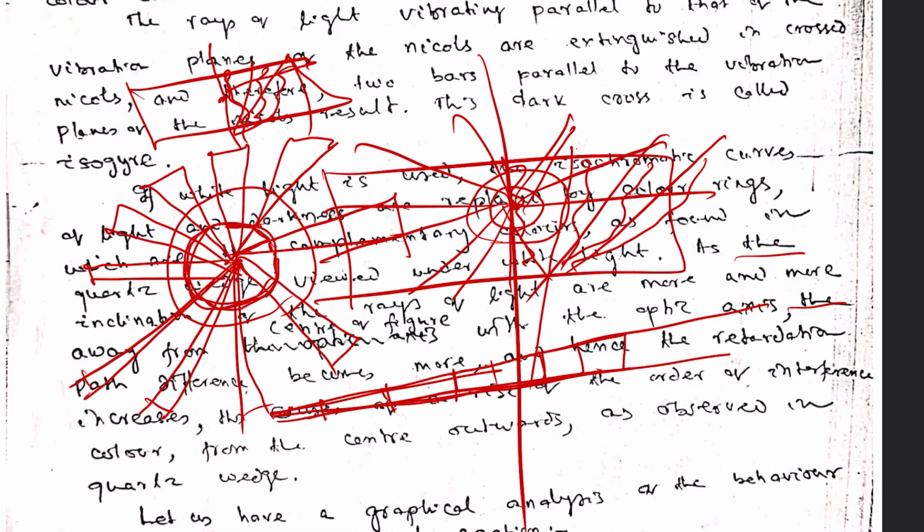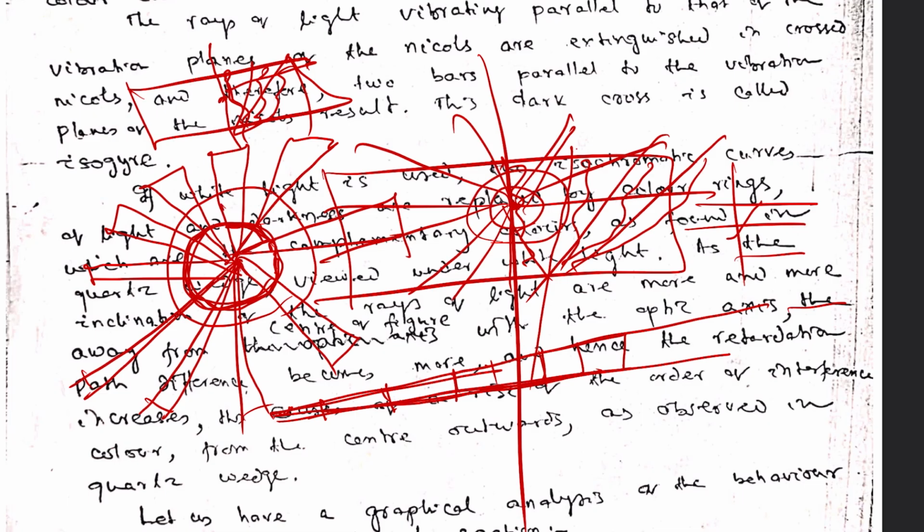So in one ring, the light rays which come over one ring cover the same path, so their path difference is the same.